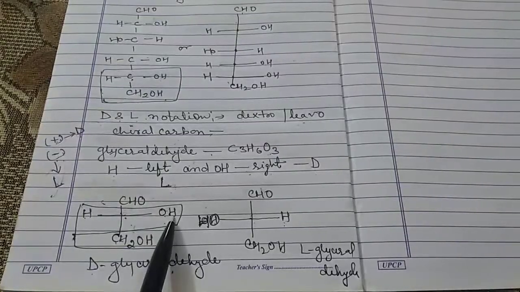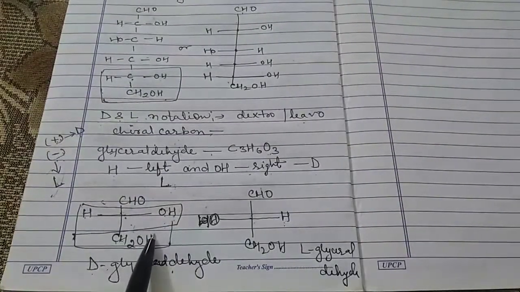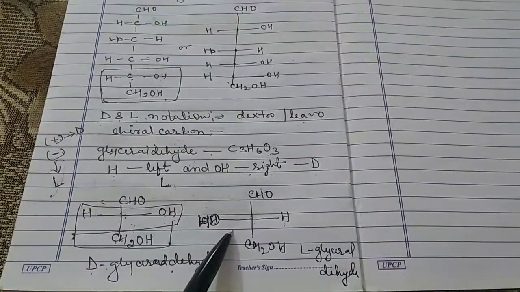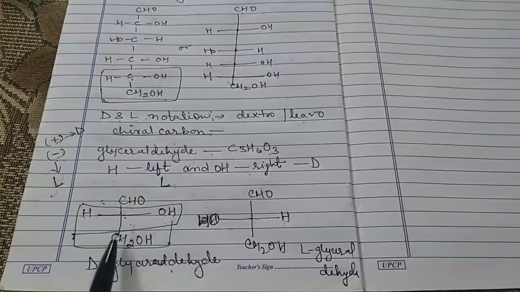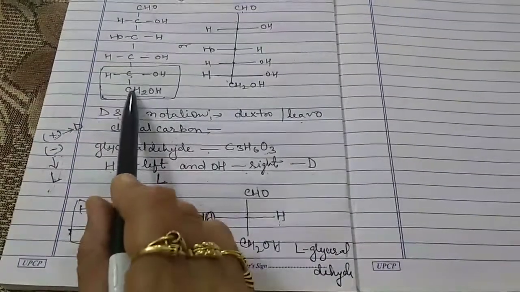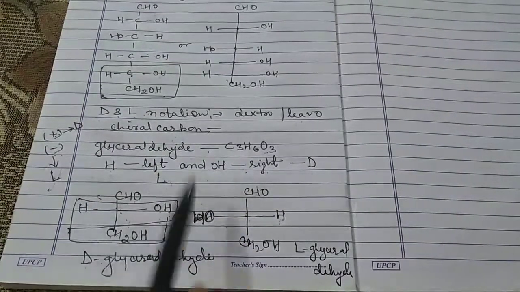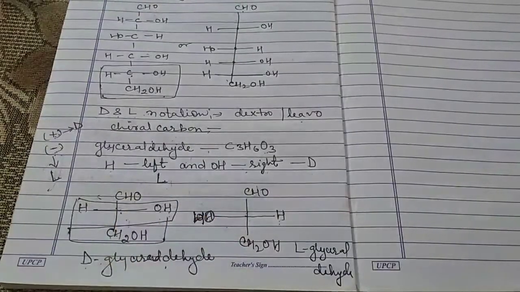If the OH group is at the right hand side, we use D, and if the OH group is at the left hand side, we use L. So this is the lowest asymmetric carbon atom, and it decides the D and L configuration.